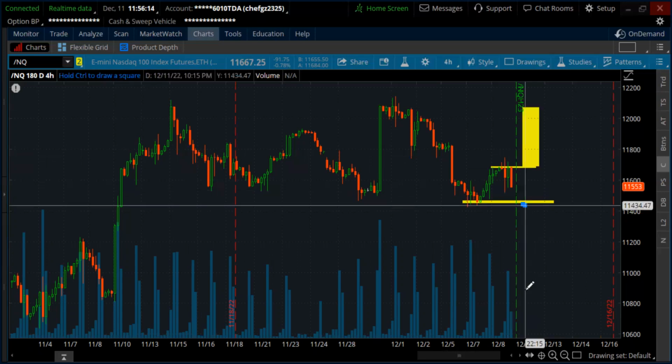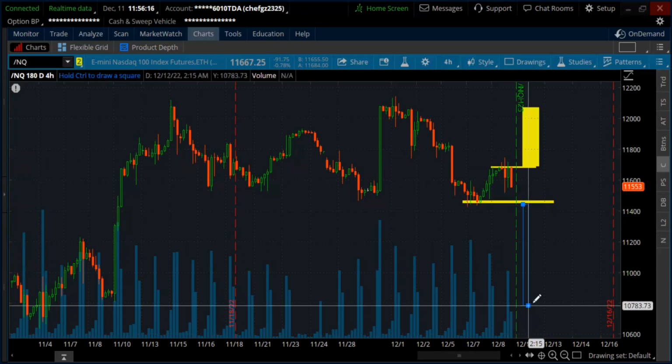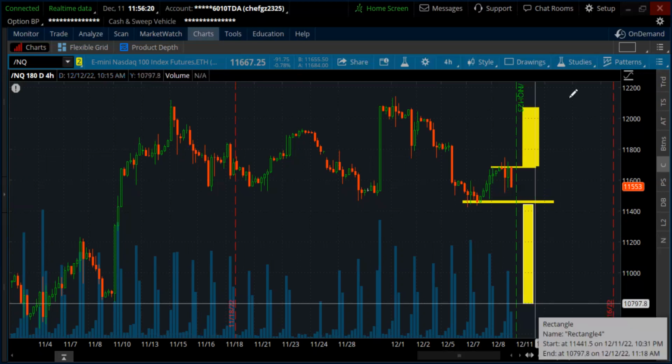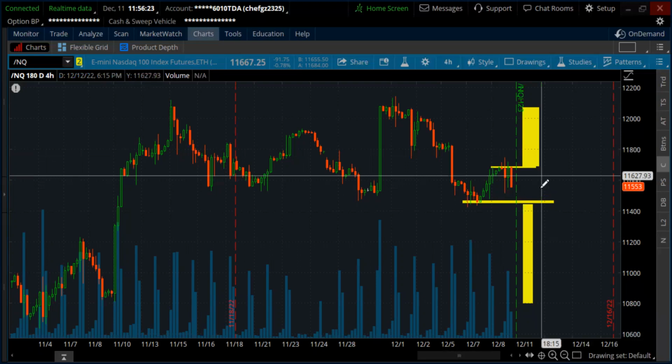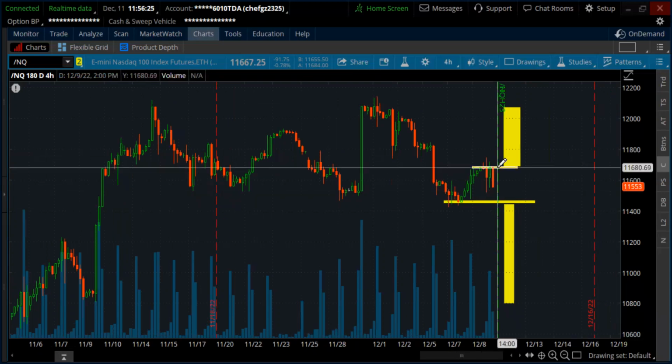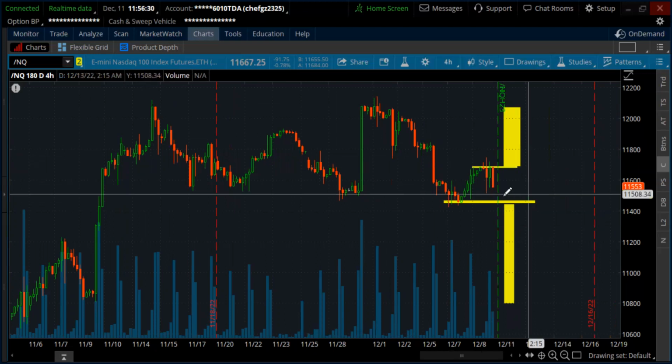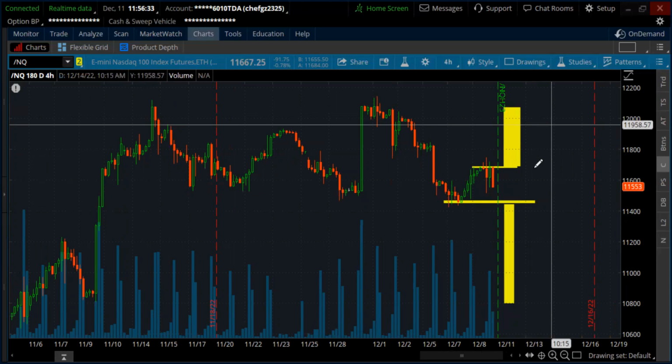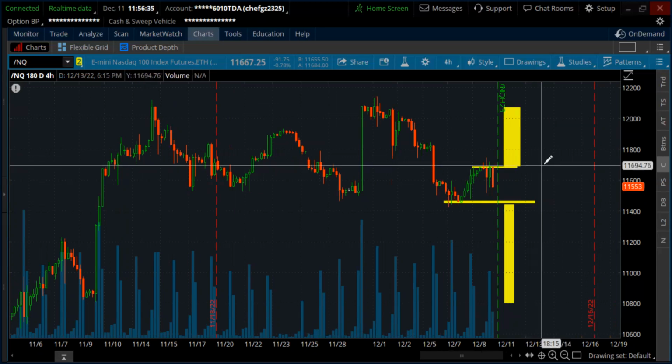Break below here, we're gonna have a nice drop down to this 1080. Okay, yeah, 1080. So we're either gonna stay in here and, like I said earlier, just go back and forth, up and down throughout the volatility, or we're literally just gonna collapse, or we're gonna stay back above.